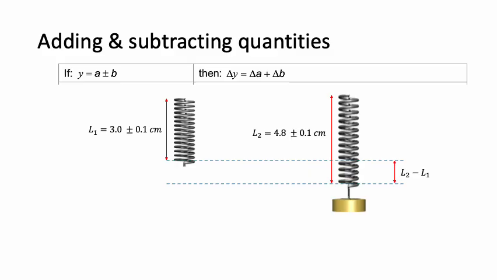So that would be L2 minus L1. And the uncertainty in that L2 minus L1, that's easy. All we do is add 0.1 centimeters from L1, 0.1 centimeters from L2. Even though we're subtracting the quantities, you add the uncertainties every time.